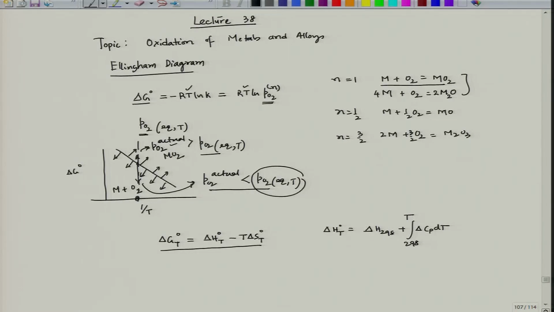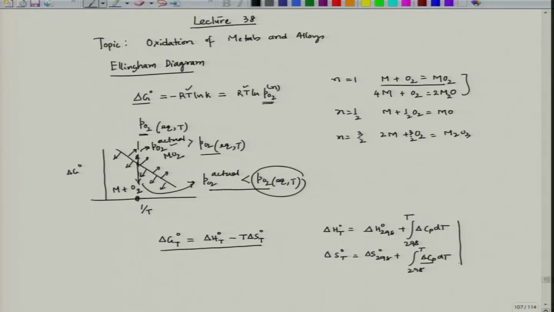At the same time we can also get delta S, and this delta Cp is the difference between product minus reactant, the Cp of product minus the Cp of reactant. That is the delta Cp.